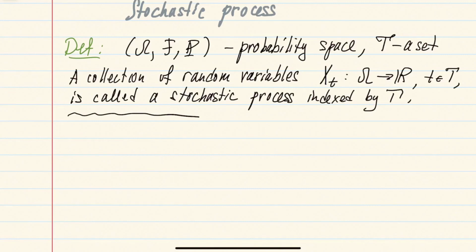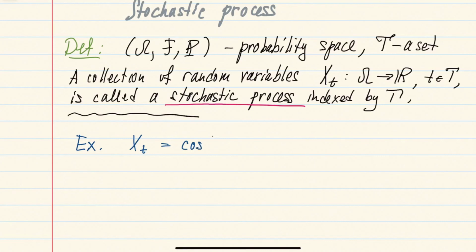Okay, so a stochastic process is basically just a collection of random variables indexed by a set. In this chapter we'll consider examples where the set T will be some subset of the real line, like an interval [0, 1] or the half line from 0 to infinity. But the most basic example that you can imagine of a stochastic process is taking some random variable and then building a function of t out of it.